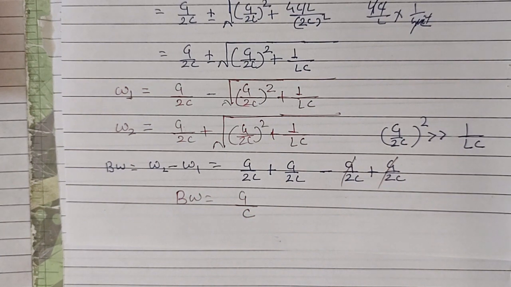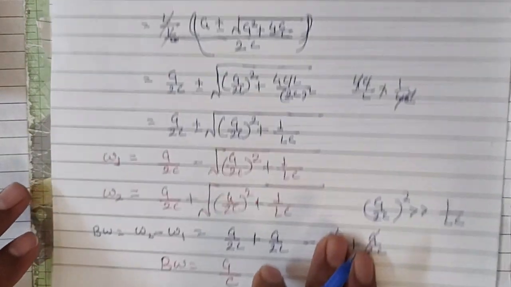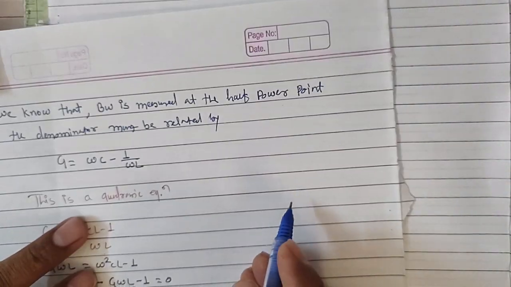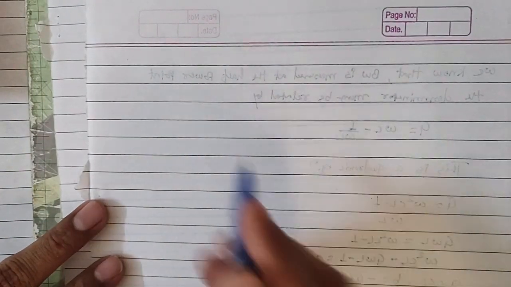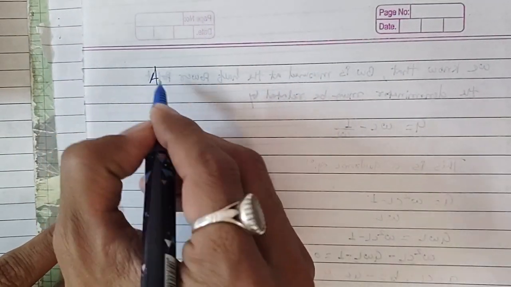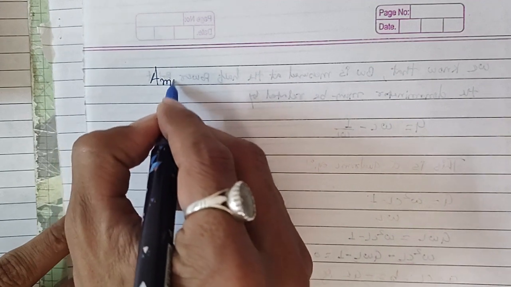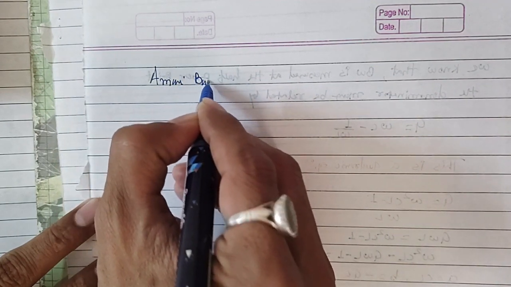So now we have obtained the equation for gain as well as bandwidth. Now let us see what the product of gain and bandwidth is. If we take the product of gain and bandwidth, so A max into bandwidth.